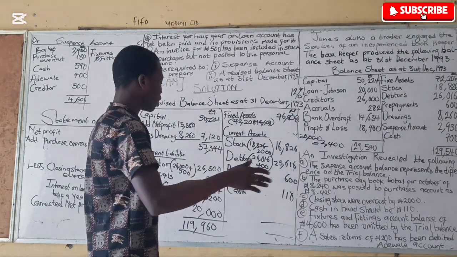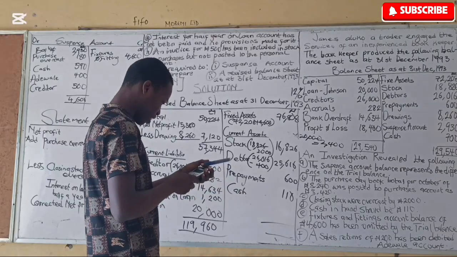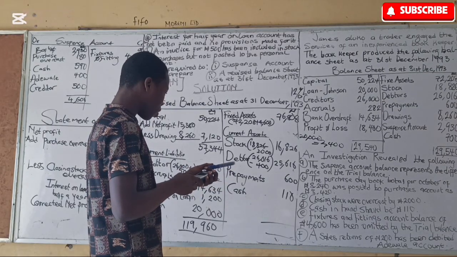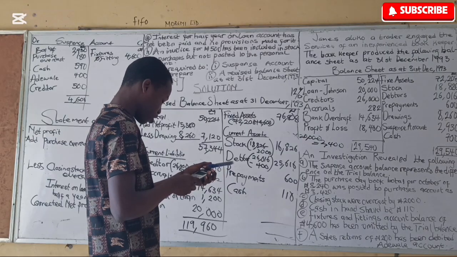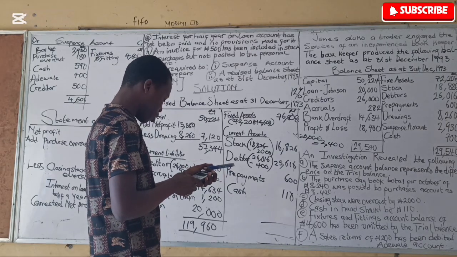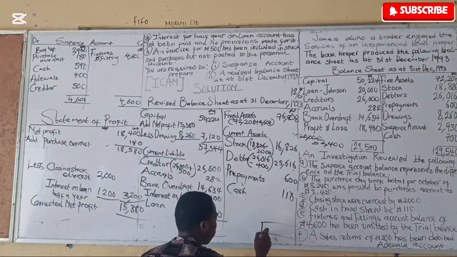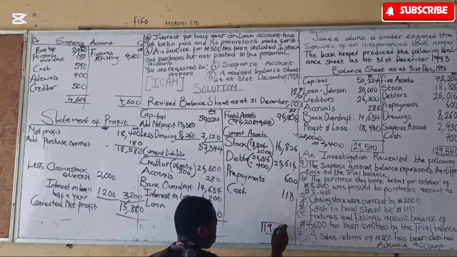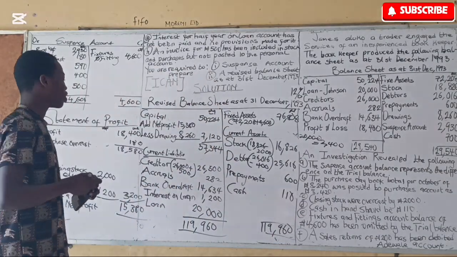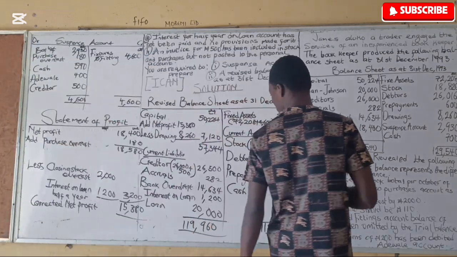For the right hand side, we have 76,808 naira plus 16,826 naira plus 25,616 naira plus 600 plus 110. That gives 119,960. So I hope you really enjoyed the class and you understand.